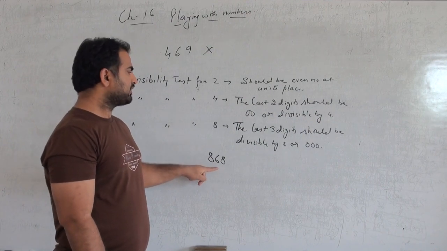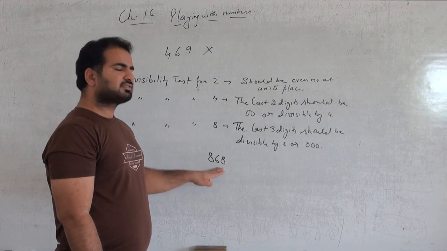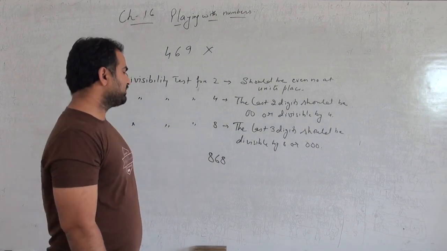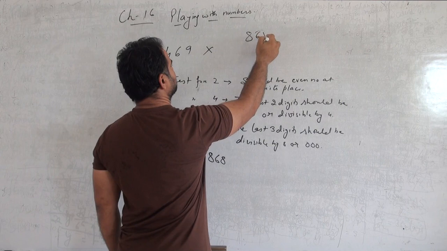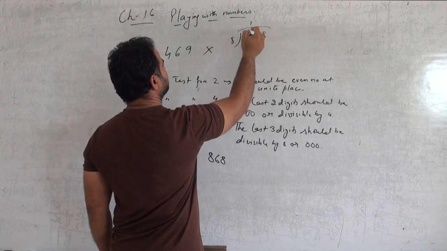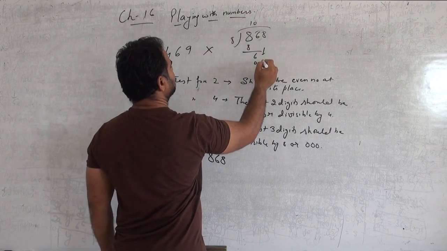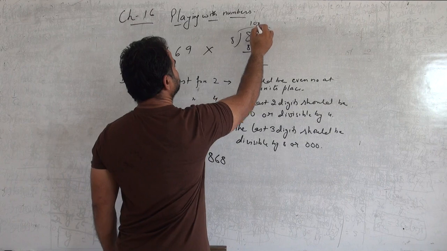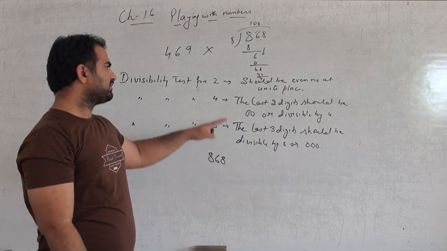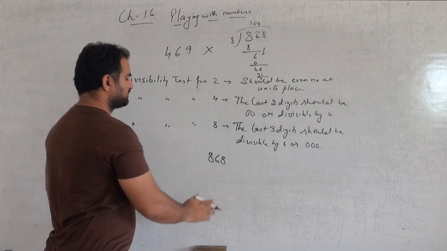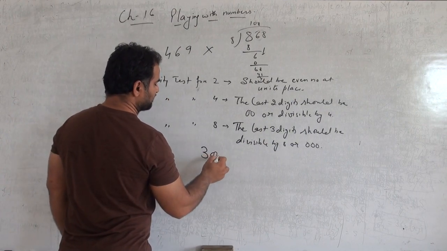We can say that it is not divisible by 8, because when we divide 868 by 8, 8 1s are 8, 6, 0, then 8 8s are 64. So the remainder is 4. So it is not divisible by 8. What if the number 3000 is given?